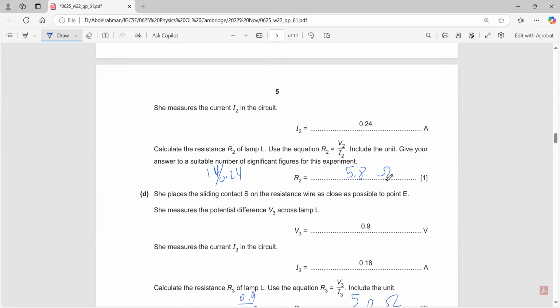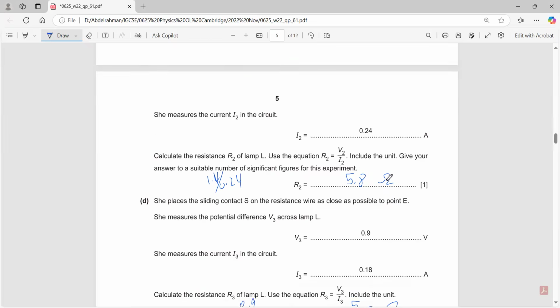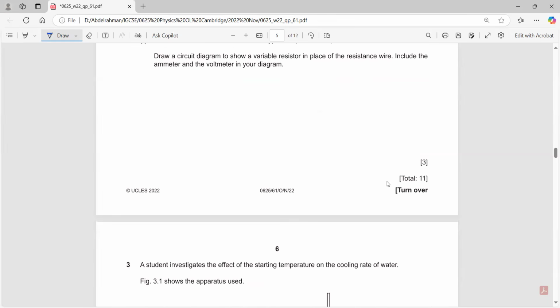So I'll just copy this diagram. Now we have the power, and then this was the lamp, and then you have the variable resistor with the ammeter, and the voltmeter on this side.